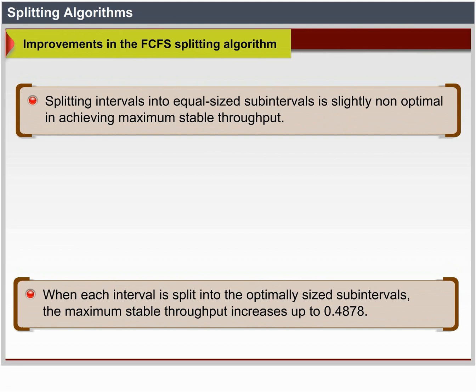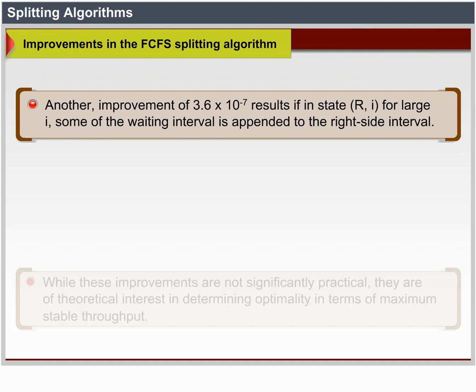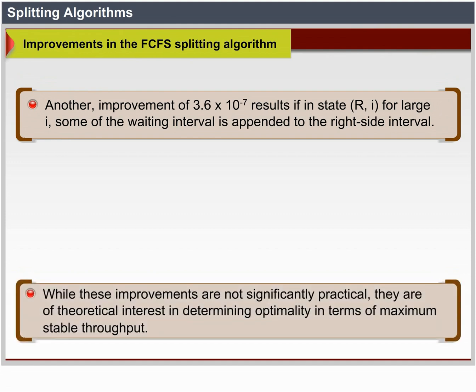Another improvement of 3.6 times 10 to the power minus 7 results if, in state R,i for large i, some of the waiting interval is appended to the right side interval. While these improvements are not significant practically, they are of theoretical interest in determining optimality in terms of maximum stable throughput.